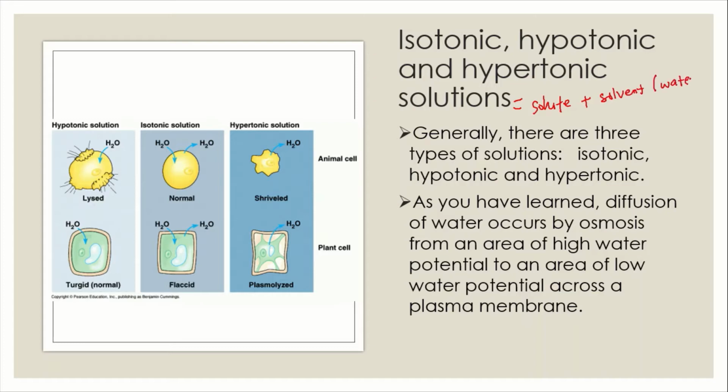So, generally there are three types of solution: isotonic, hypotonic, and hypertonic. So, as you have learned, diffusion of water occurs by osmosis from an area of high water potential to the area of low water potential across a plasma membrane.